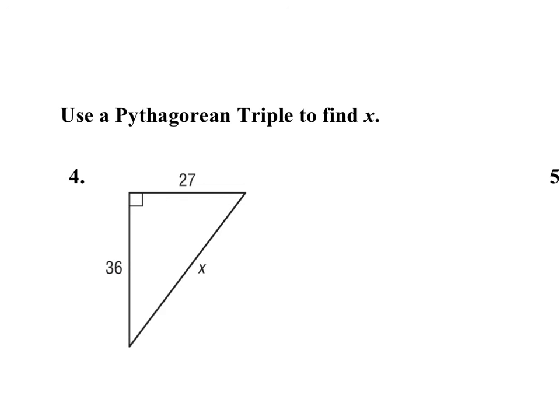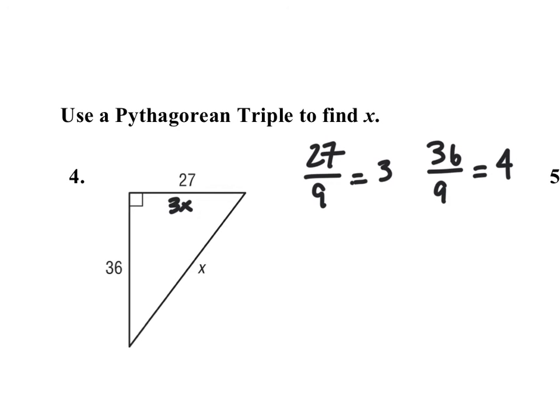So if I take 27 and divide that by 9, that's going to give me 3. If I take 36 and divide that by 9, that's going to give me 4. So this has the ratio of 3x and 4x.